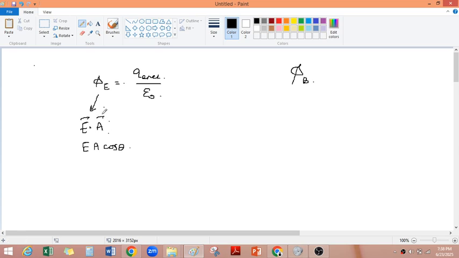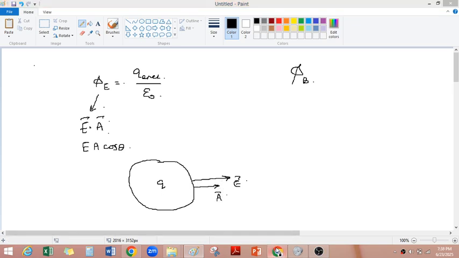So most of the time you will be considering an enclosed surface and the electric field. Suppose I have a charge here, the electric field will be this way and the area will also be this way.